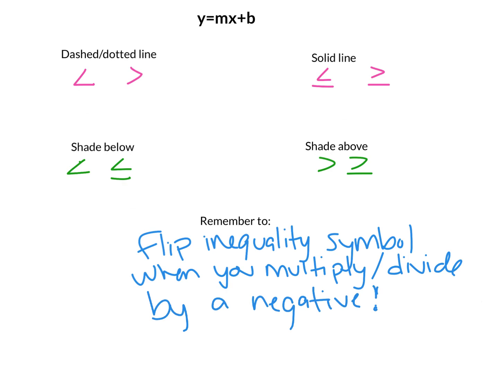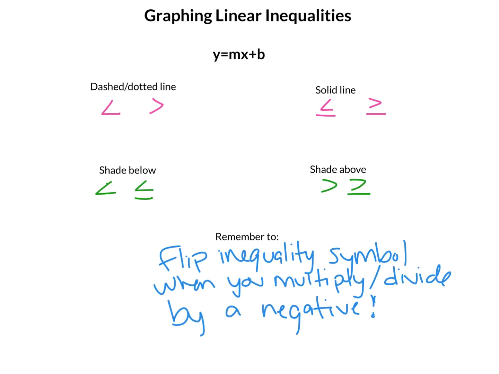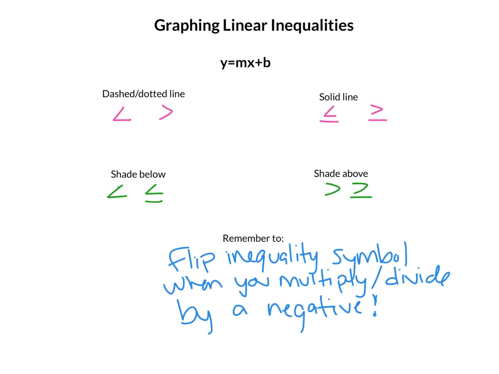That's super important. As you're solving for y, if you have to multiply or divide by a negative, you need to flip your inequality symbol around, which is going to change the way that it looks when you graph it. We'll do an example so you know what I'm talking about.